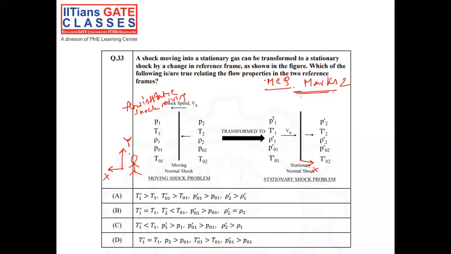So these static properties are measured in such a way that they are independent of the velocity of the observer. Hence, on this coordinate transformation, the static properties don't change. This is one very important point in this moving shock problem.